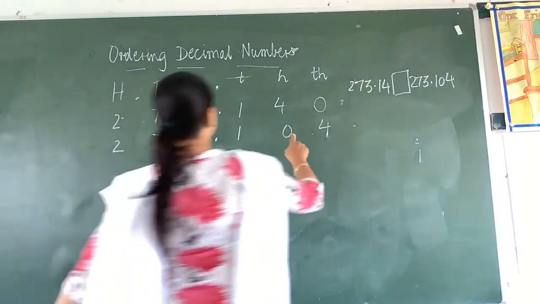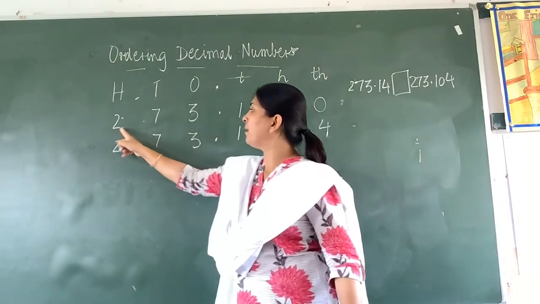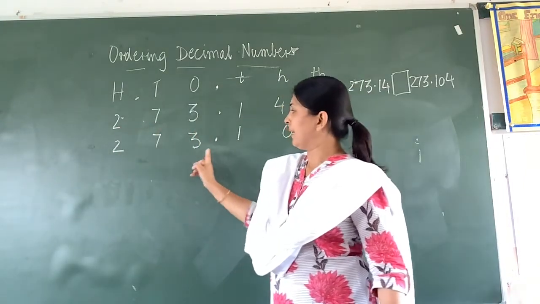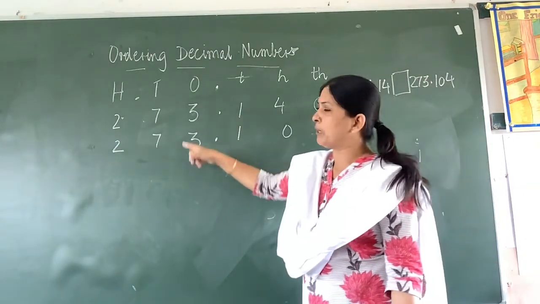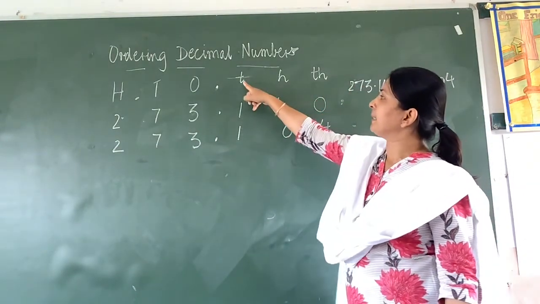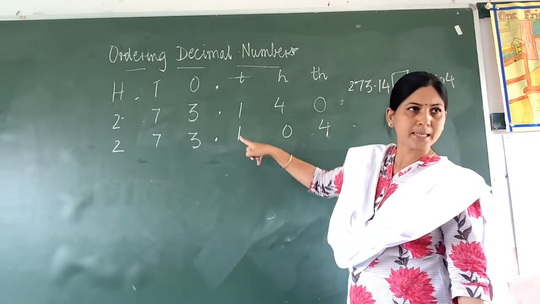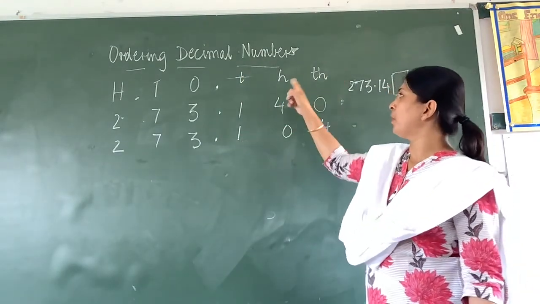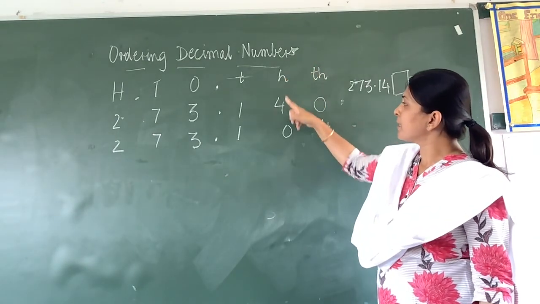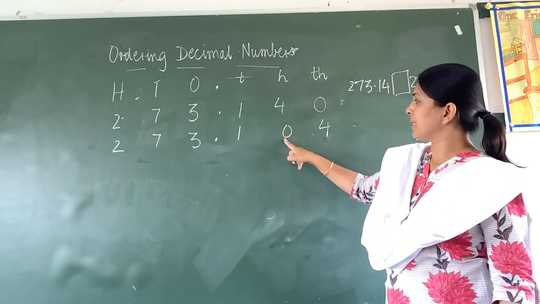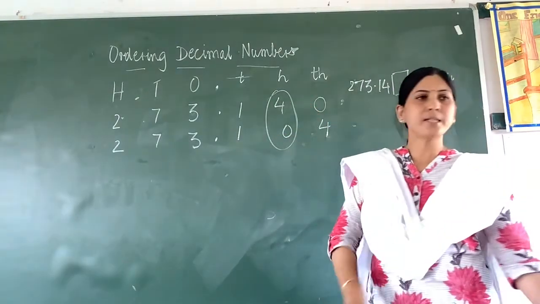Now what will we do? Now we'll compare the whole number part. The whole number is 273 and here the whole number is 273. Both are same. Now when the whole numbers are same, then we compare the digit in tenths place. The digit in tenths place is 1 in both the decimal numbers. Now we move on to the digit in hundredths place. The digit here is 4, and what is the digit here? 0. So we have found the difference here.